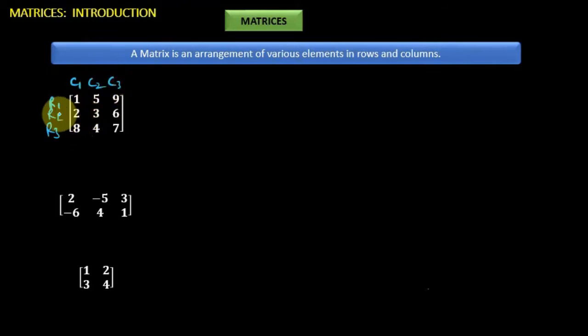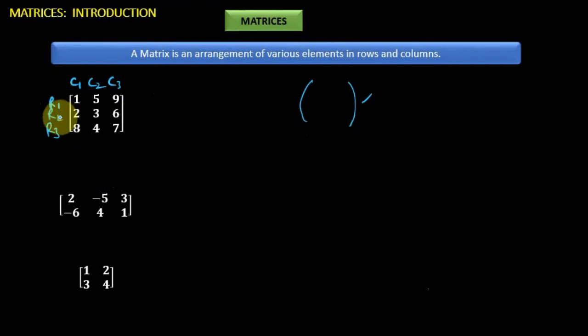So what I did here is arrange the elements in rows and columns and enclose them in rectangular brackets. Even curved brackets are also acceptable. We can keep either rectangular or curved brackets, but mostly we use rectangular brackets.